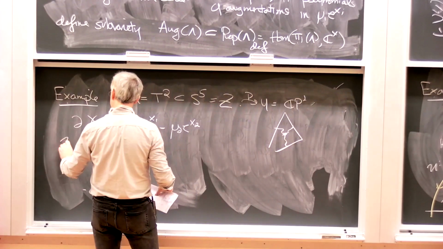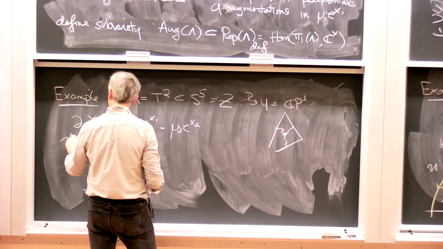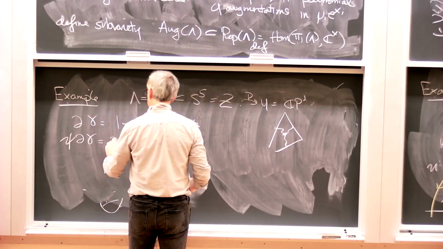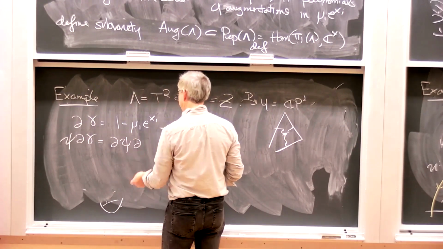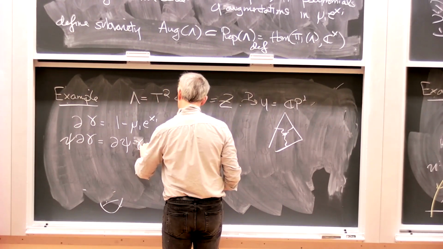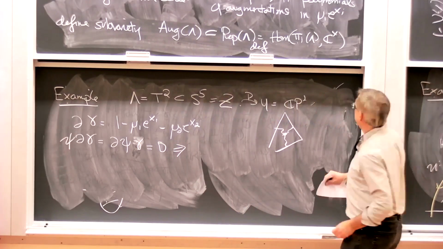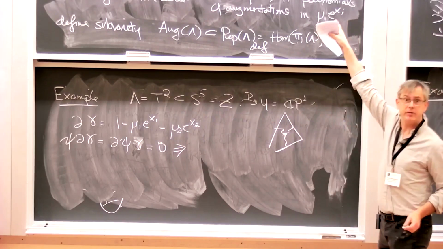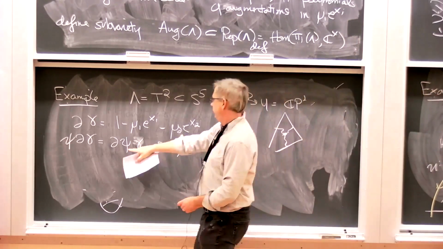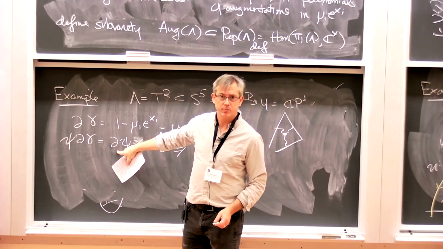And if I have an augmentation, then it's a chain map. And in this trivial complex C of the empty set, the differential is 0.